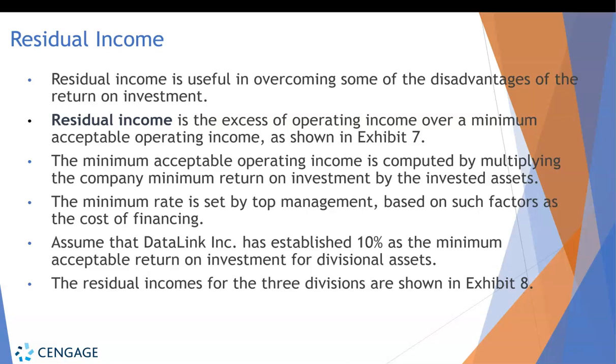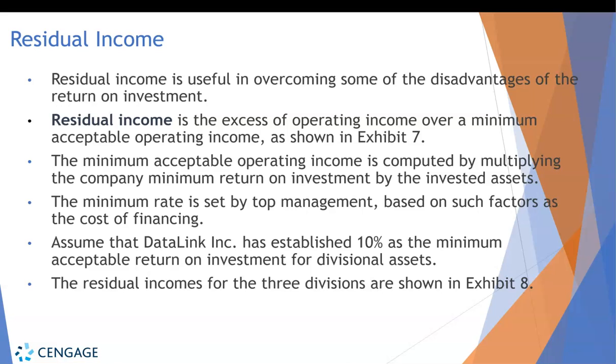Residual income is beneficial in overcoming some disadvantages of the return on investment, because residual income is the excess of operating income over a minimum acceptable operating income. We're going to see this.